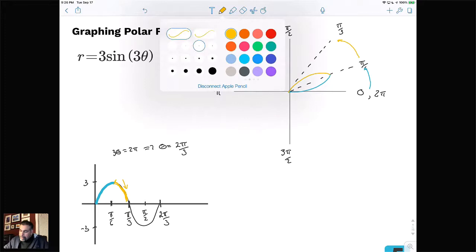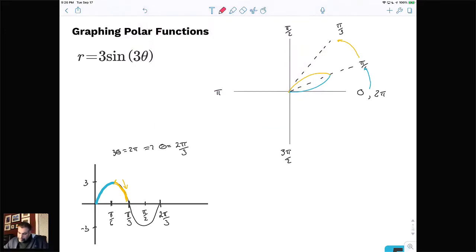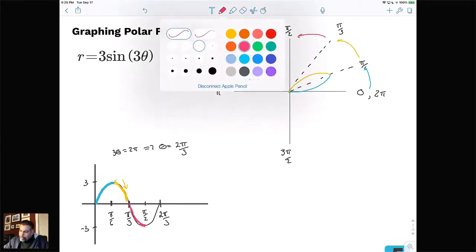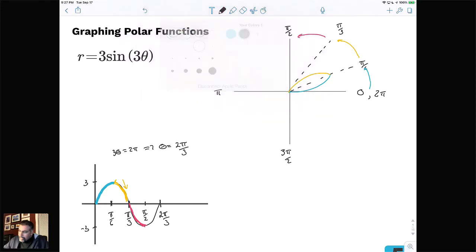The next piece I'm going to look at is from pi over 3 to pi over 2. Now, this one's a little tricky, I'll be honest, because I want to rotate through this sector right here. But what we've got to be aware of is that we're getting negative values. So every one of these angle lines I'm drawing right now is kind of like an axis.